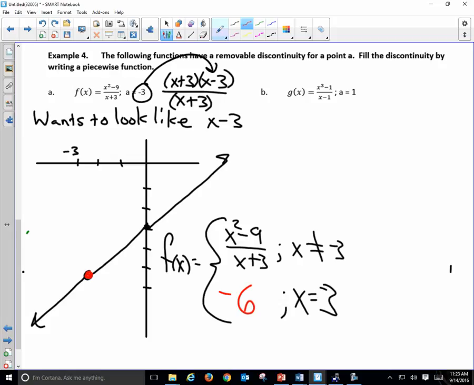All right. So just the black function is this part. But now this red part, that's what happens when you fill it in. Yep, that's saying f of negative 3 is negative 6. Good question. Let's do one more.